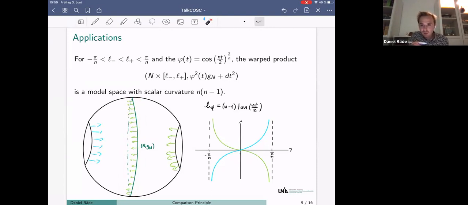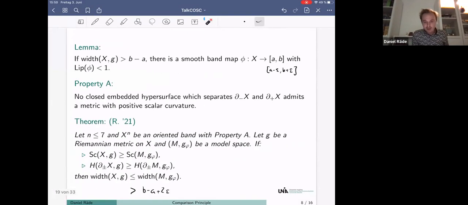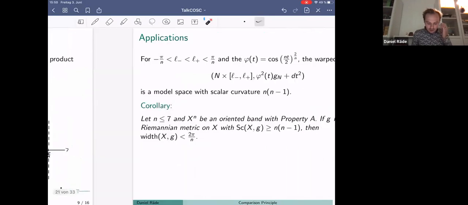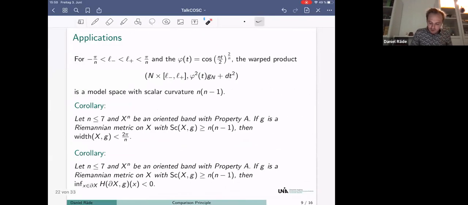It's some manifold, the boundary has some distance, but you can do this comparison argument with arbitrarily slim model spaces. So this theorem gives you a contradiction because you undershoot this width estimate. Okay, so these are the two ways that the theorems we started out with are just extremal cases of this comparison principle.